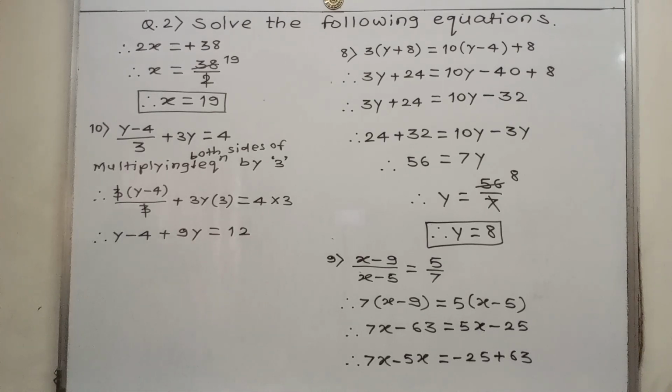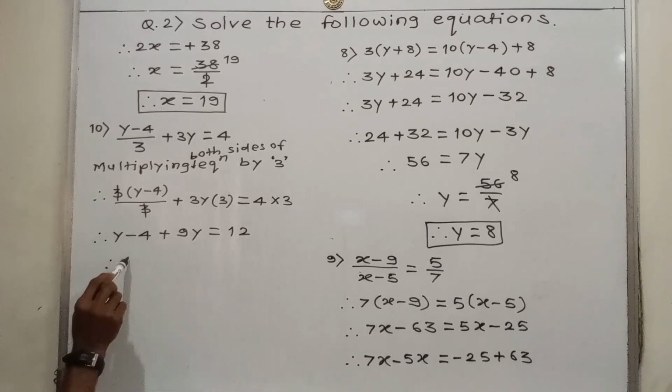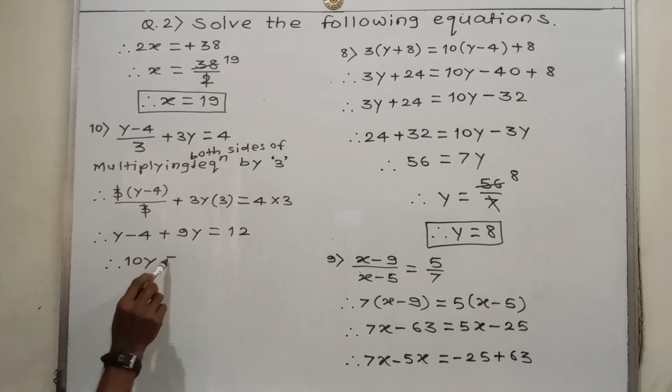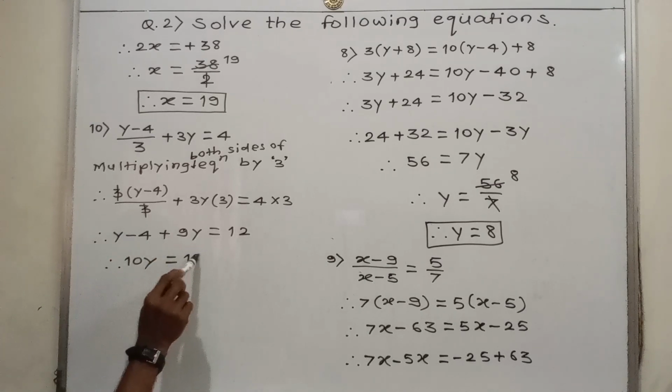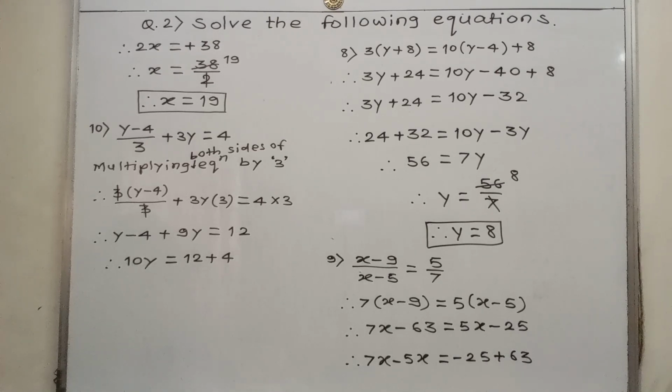Now 9y plus 1y, 10y, like terms, no? And we take this to the right side, 12 plus 4. Did you get it? Therefore, 10y is equal to 16.